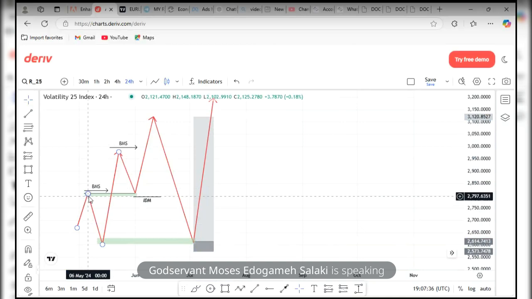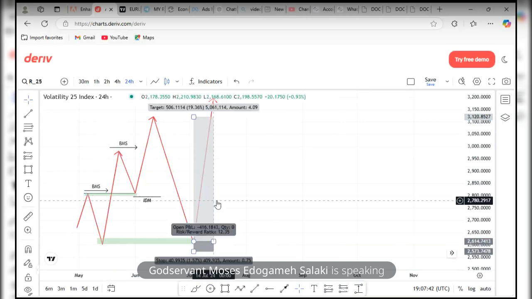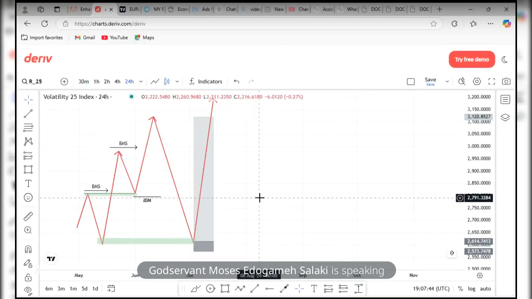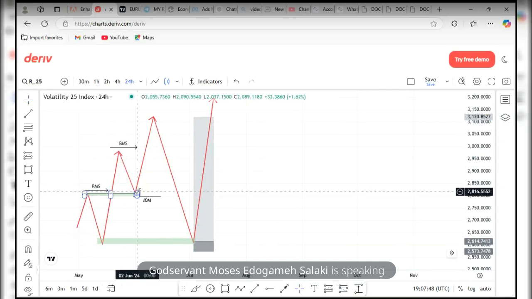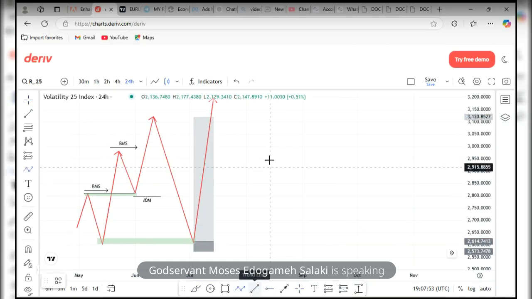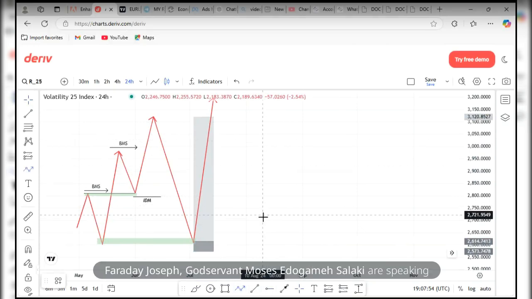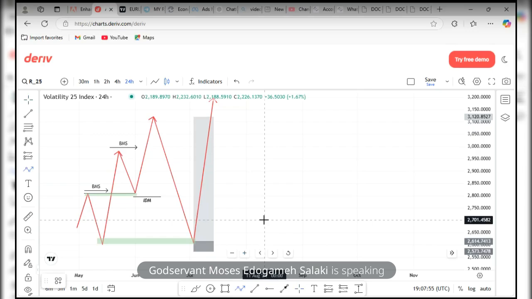Like I was waiting for Crash 300, it's the same thing. We missed out on Crash 300 because when price came here, price really didn't tap that first entry, and price kept running away. So we had all of this. We had this.